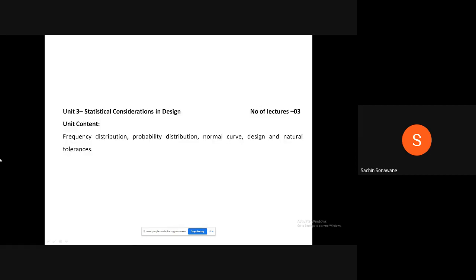Then unit 3 is statistical considerations in design. Number of lectures required is equal to 3. Now unit content is frequency distribution, probability distribution, normal curve, design, and natural tolerances.